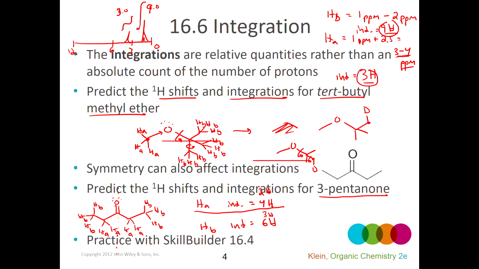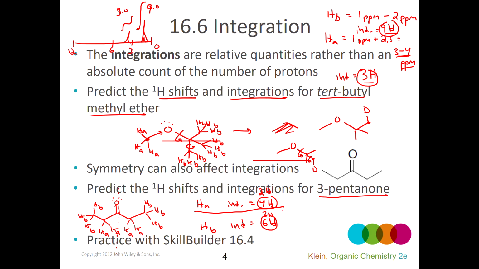It's the ratio. A 2 to 3 ratio is the same as a 4 to 6 ratio. So when you get the signals and you look at their integrations, you don't necessarily know exactly how many hydrogens they represent. They just represent a ratio. So 4 to 6 is what's actually in the structure, but that's mathematically equivalent to a 2 to 3 ratio.